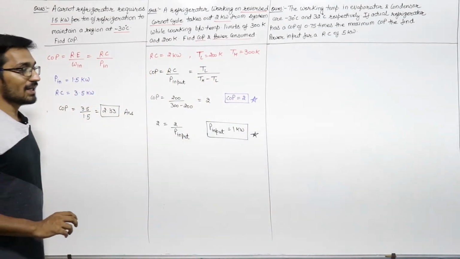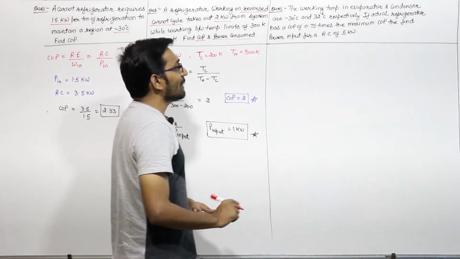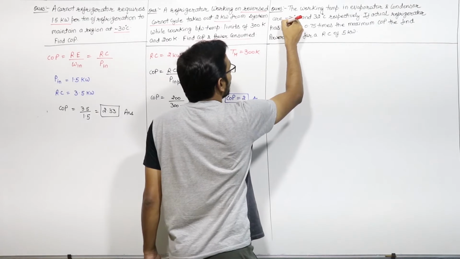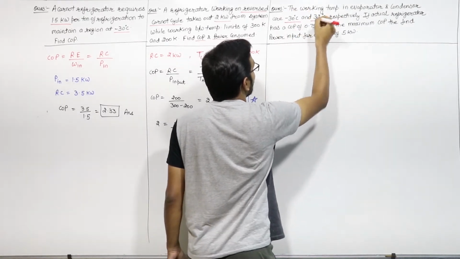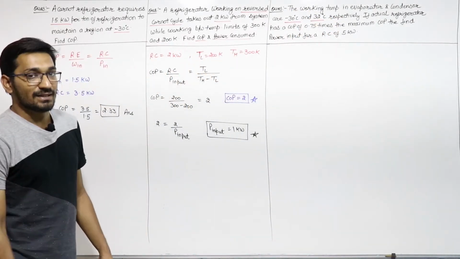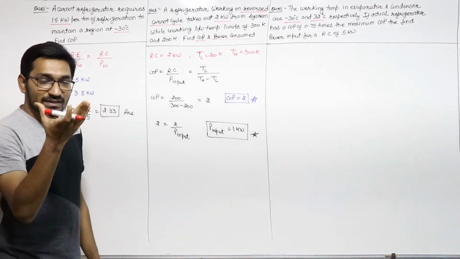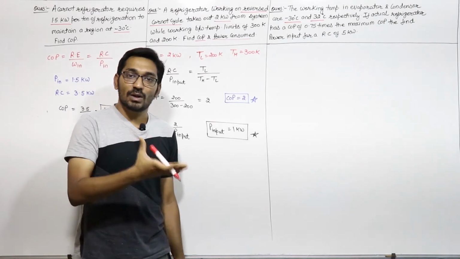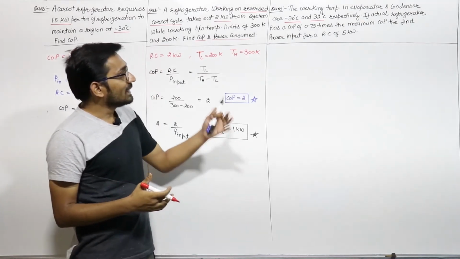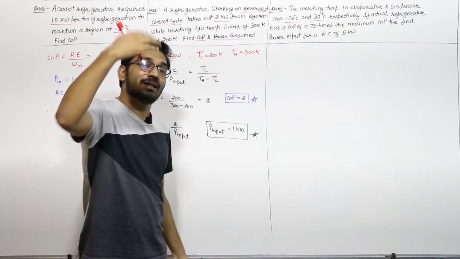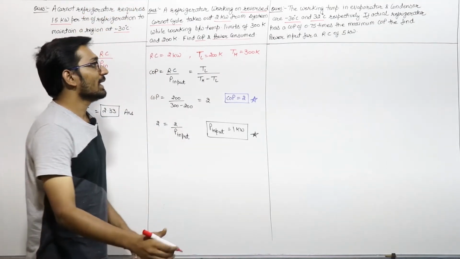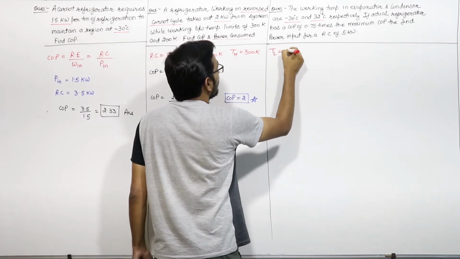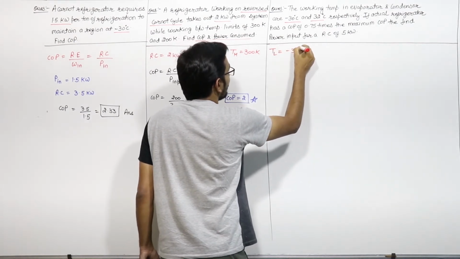The third numerical: the working temperatures in the evaporator and condenser are minus 30 degrees Celsius and 32 degrees Celsius. The evaporator is that space which you have to maintain at a temperature lower than that of the surroundings, and the condenser is that space where you are rejecting the heat to the surroundings. So the lower temperature will be minus 30 degrees Celsius.